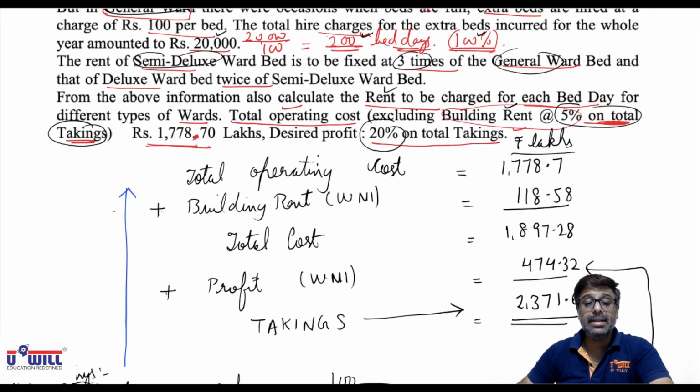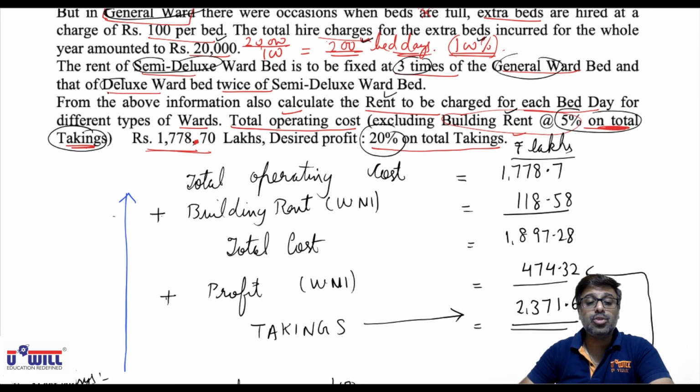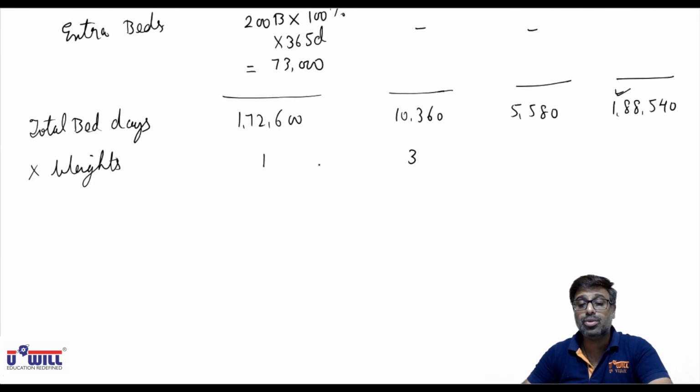And then they say deluxe ward is twice of semi-deluxe, so 3 into 2, it will be 6. So 1 is the weight of general ward, 3 of semi-deluxe ward, and 3 into 2, 6 is of deluxe ward.